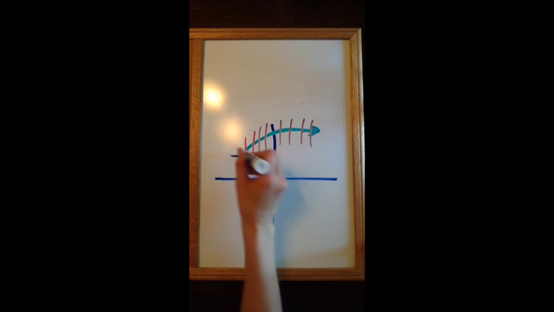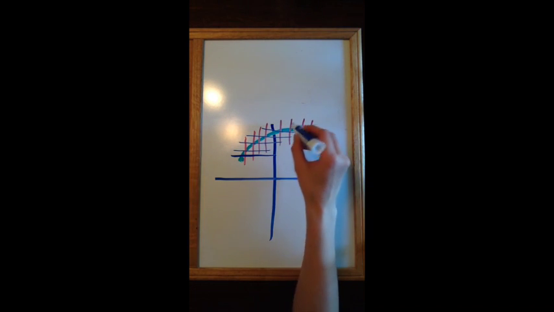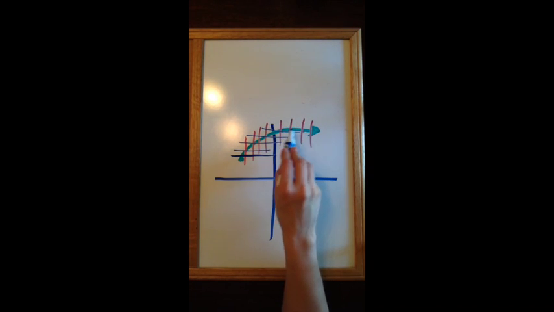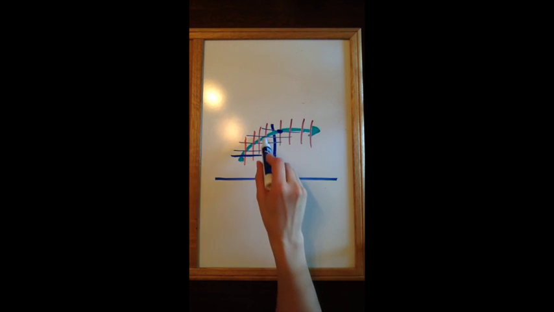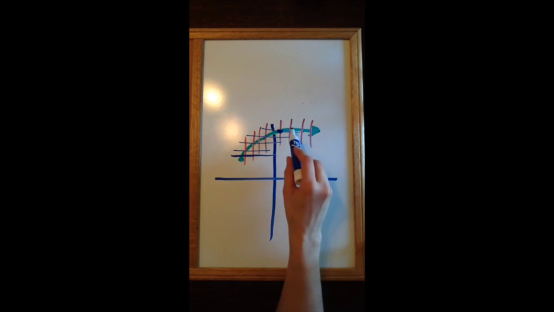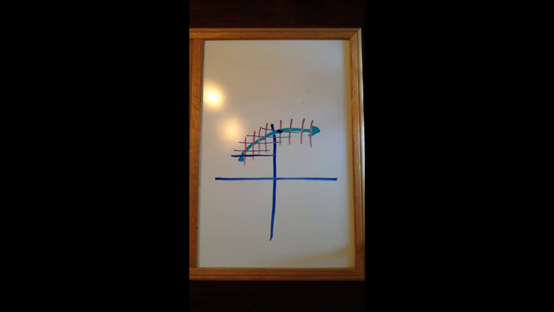If I draw a horizontal line anywhere here, notice that it only hits it once, and the green graph is continually increasing little by little. So it also passes the horizontal line test as well as the vertical line test.